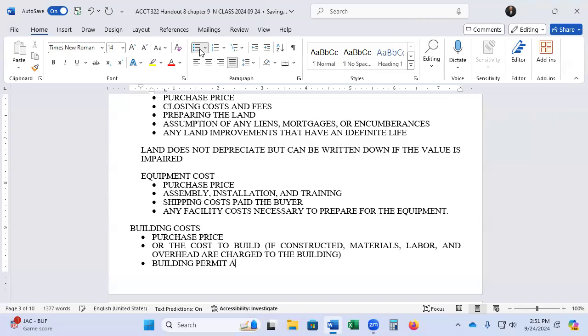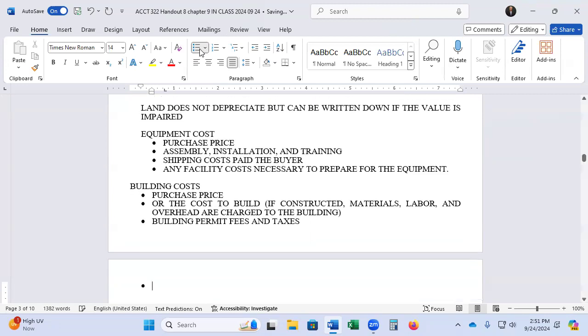Building permit fees and taxes. Interest on construction related debt. And architect and attorneys fees for related services.